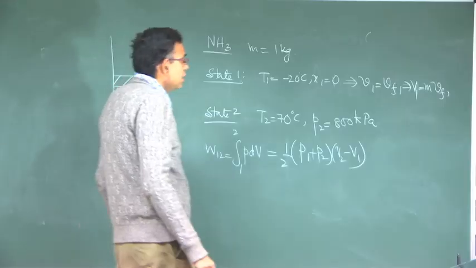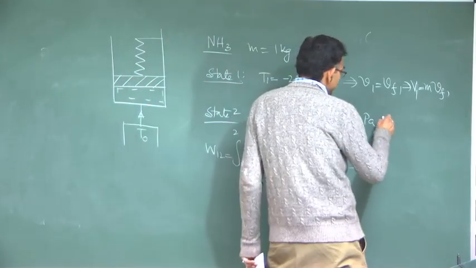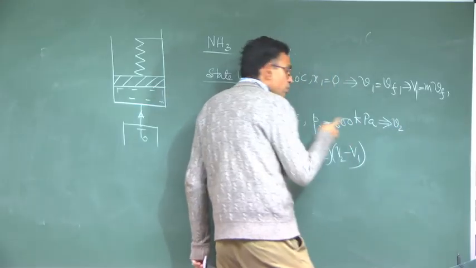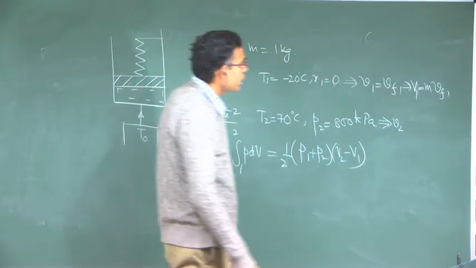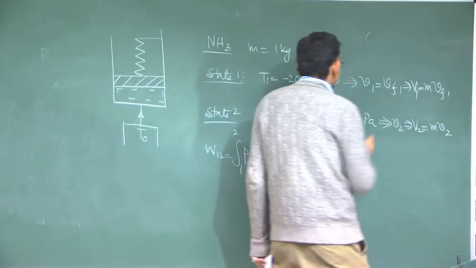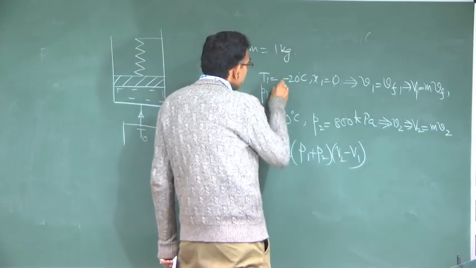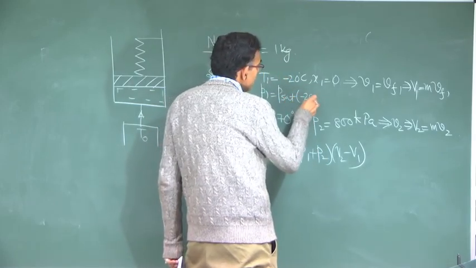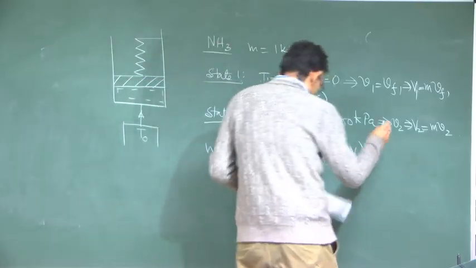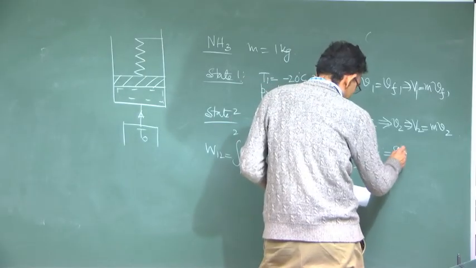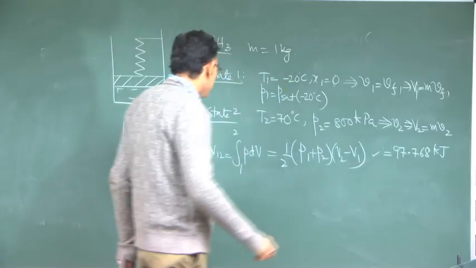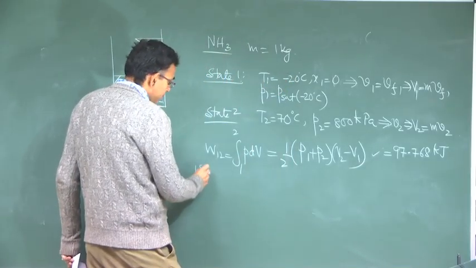For state 2 you can calculate v2 from T and P2, it will definitely be superheated vapor state, so V2 will be equal to m v2. What is P1? P1 is P sat at minus 20 degree centigrade. You know all these values, this will give you the work done, that is 97.768 kilojoule.